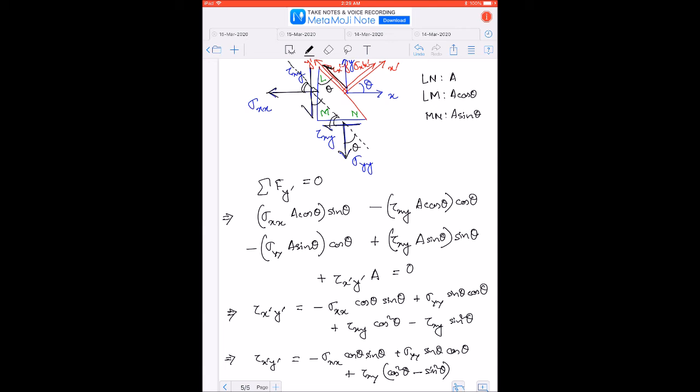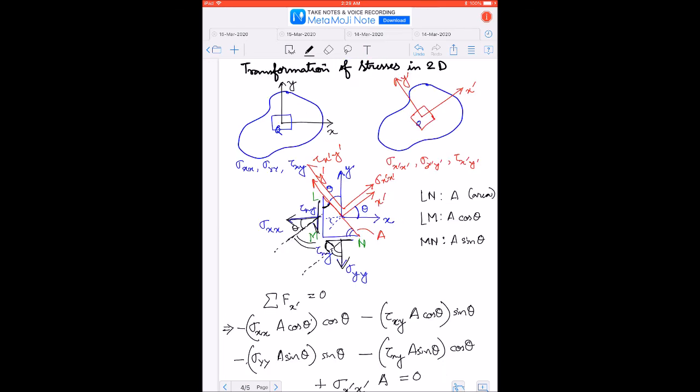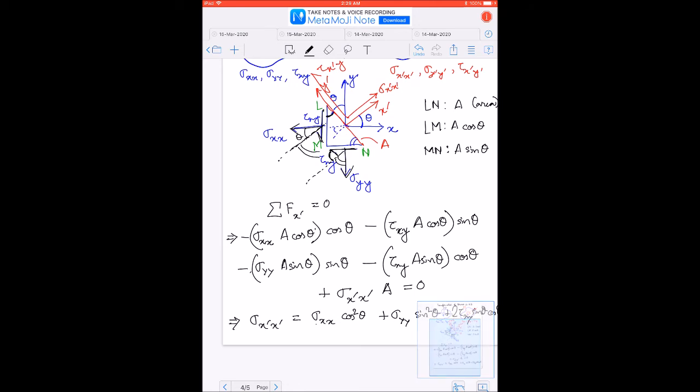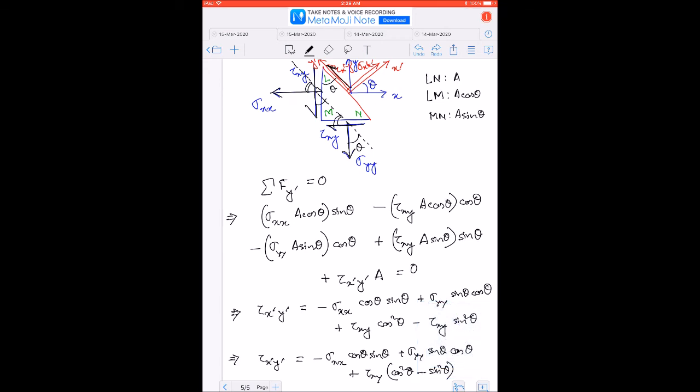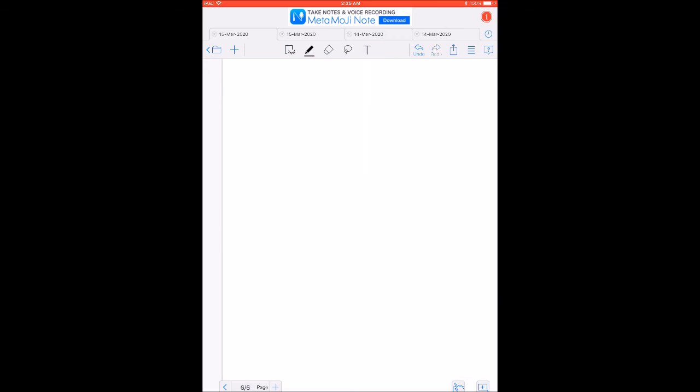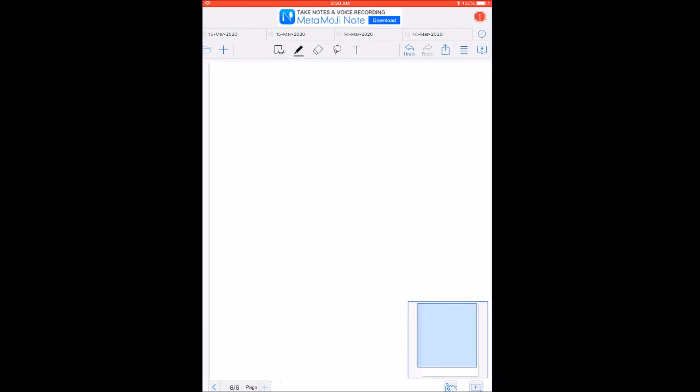So let us collect these two expressions and write them together. We'll just repeat this expression, sigma x dash and tau x dash y dash from here. So just rewriting it here.